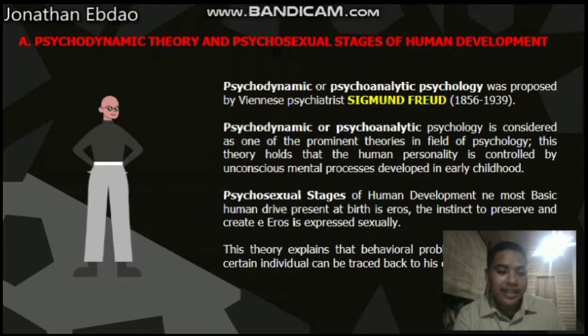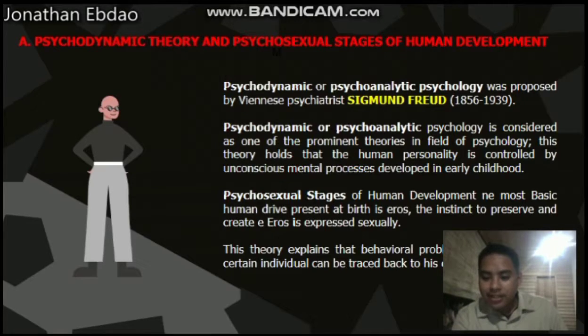Next is the psychodynamic theory and psychosexual stages of human development. Psychodynamic or psychoanalytic psychology was proposed by Viennese psychiatrist Sigmund Freud, who is known as the father of psychoanalysis. According to Freud, during the first year of life, the oral stage, a child attains pleasure by sucking and biting.